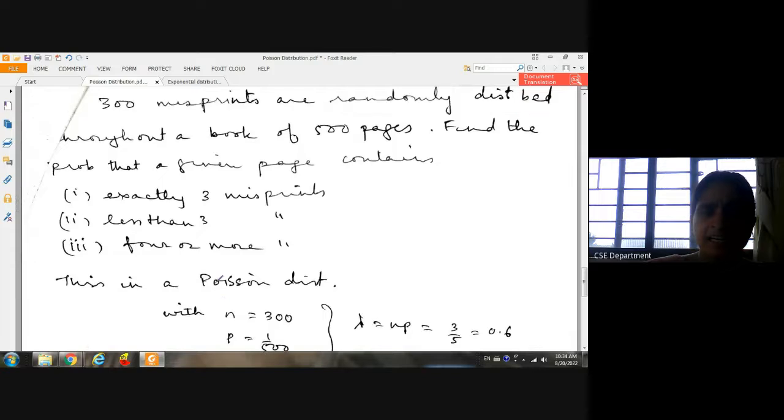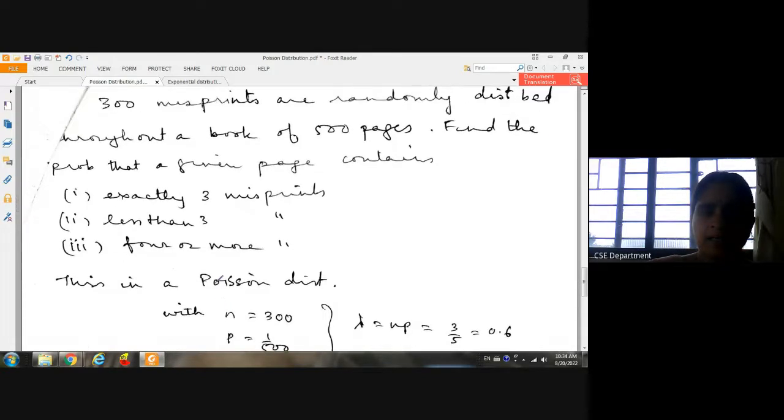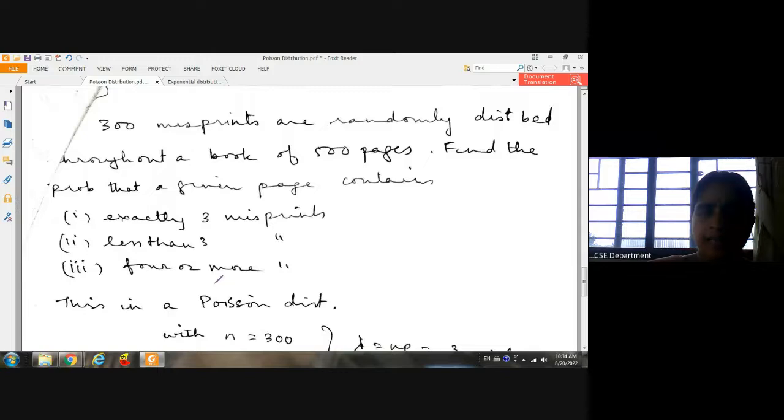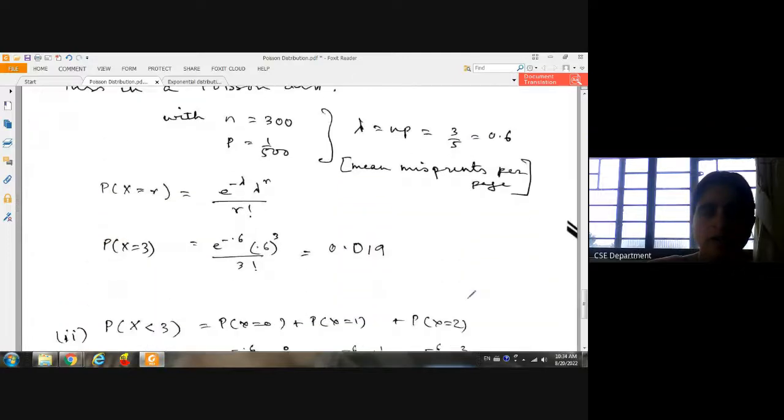So they have said 300 misprints are there, n is 300 and p is 1 by 500. So n into p is 0.6. When you have n and p, this is the formula. You substitute P(X = 3), e power minus m, m power 3 by factorial 3, and calculate.